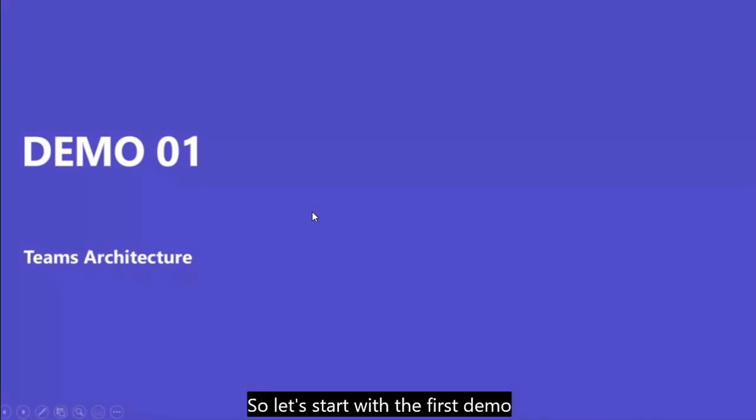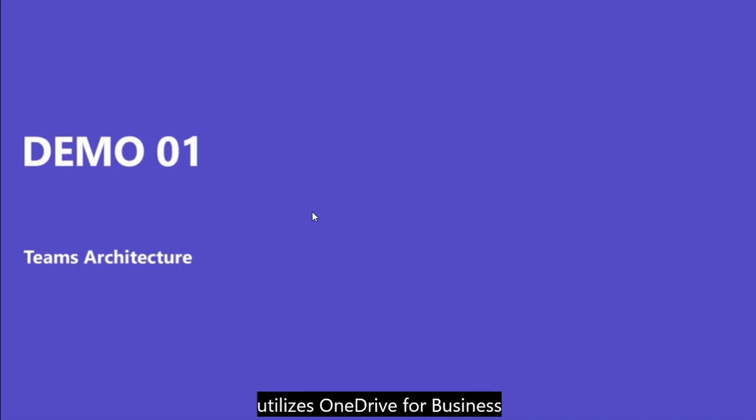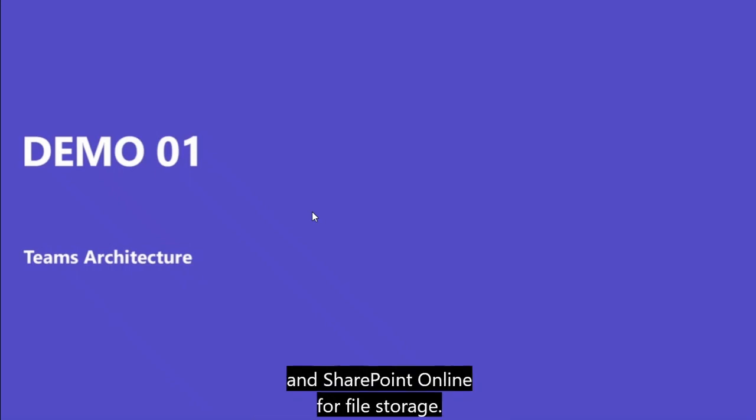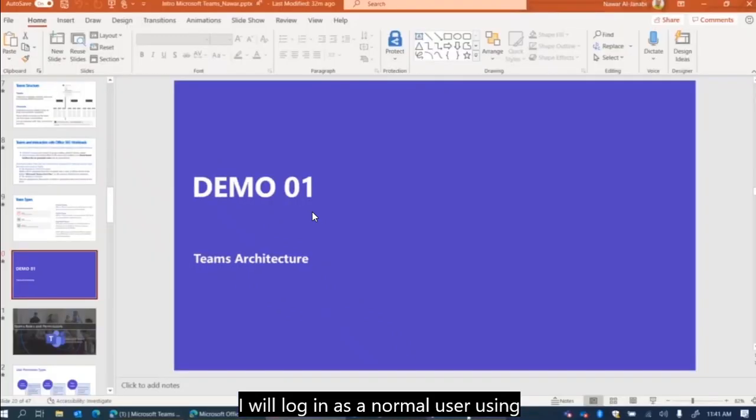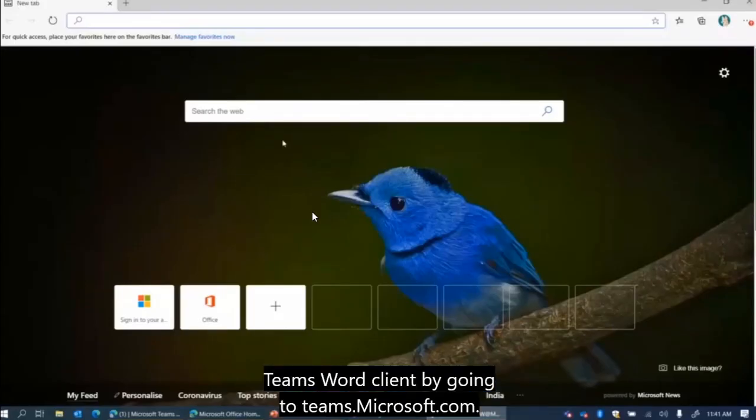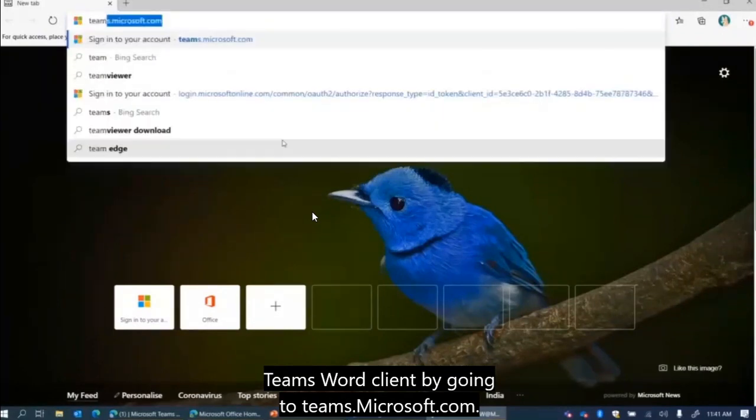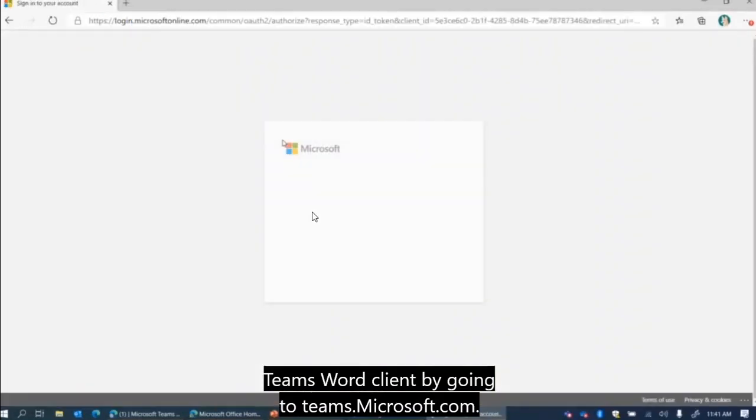Okay, so let's start with the first demo, where we'll see the Teams client types, and also we'll be able to see how Teams utilizes OneDrive for Business and SharePoint Online for file storage. I will log on as a normal user using the Teams web client by going to teams.microsoft.com.